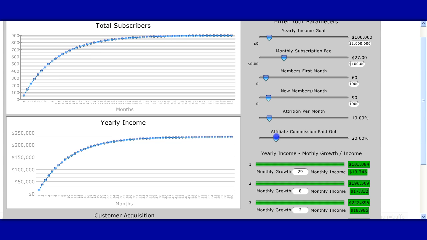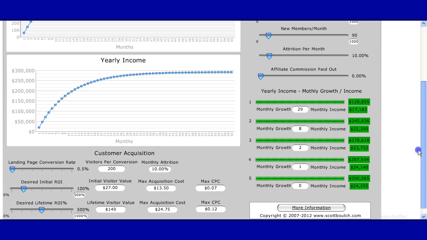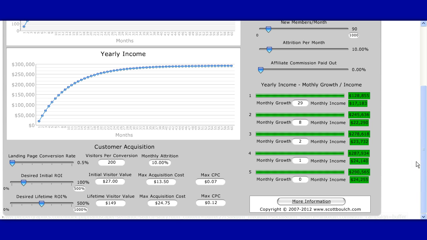At 20%, I could still be profitable. I could still hit my income goal. But in my case, I do have zero. I'm not going to pay out any commissions on that particular product. Now, the digital marketing toolkit, there is a commission that is paid out on that one, but I'm not even going to talk about that one here.